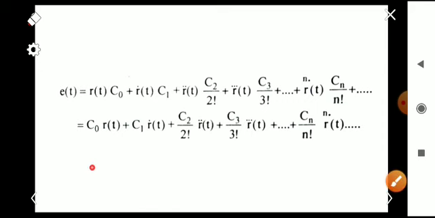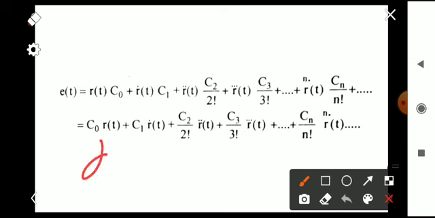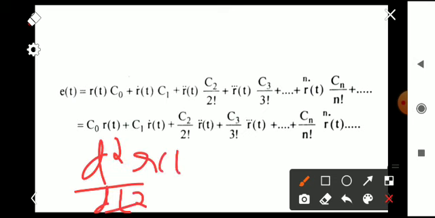And d square by dt square of r of t is represented as r double dot of t.